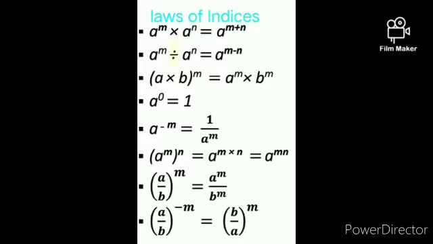It is always 1. a raised to minus m is equal to 1 upon a raised to m. a raised to m the whole raised to n is equal to a raised to m into n, which is equal to a raised to mn. a upon b the whole raised to m is equal to a raised to m upon b raised to m. a upon b the whole raised to minus m is equal to b upon a the whole raised to m.